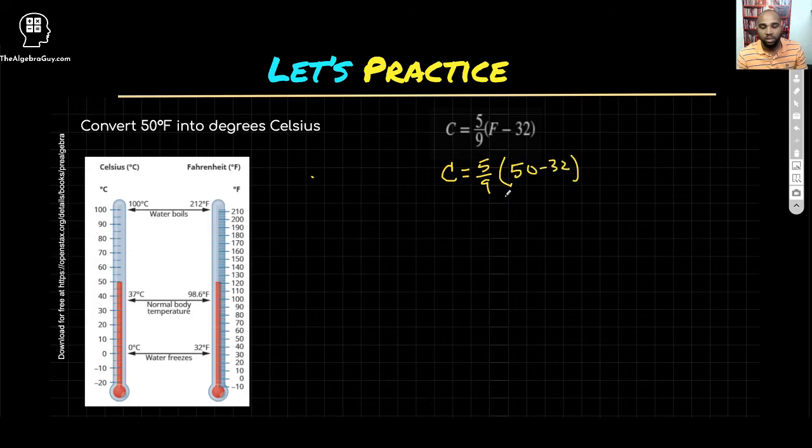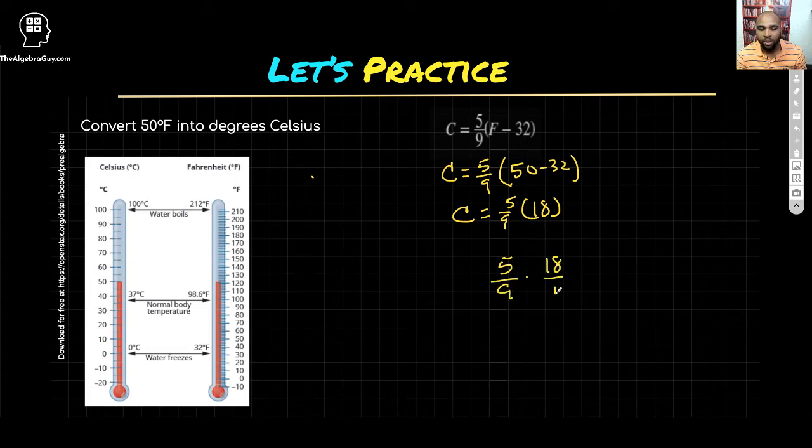So now this is just us solving this problem. 50 minus 32 is 18. So 18 times 5/9 equals our Celsius. And I can see that 18 divided by 9 is 2, and then 2 times 5 is 10. So I know it's going to be 10 degrees Celsius. But I'm going to go ahead and work that out so that you can see what I'm doing.